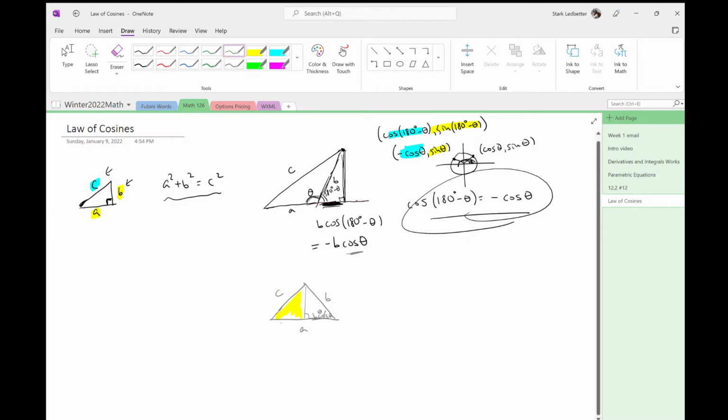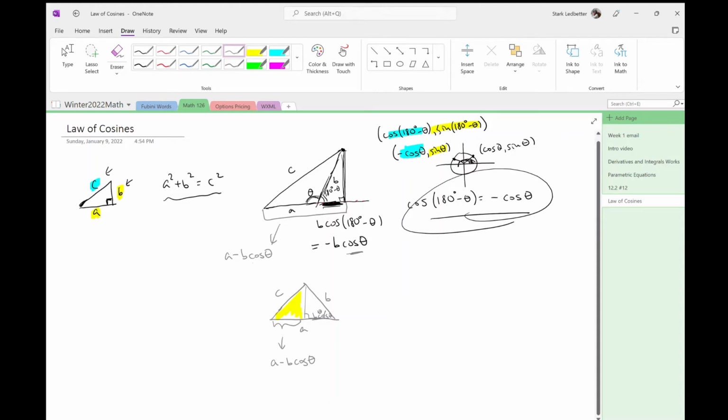So then this length would be A minus b cosine theta. Whereas here, if we have an obtuse triangle, that length is A plus negative b cosine theta, which in this case is positive. But you see how they work out to the same expression. That's also A minus b cosine theta. In this case that number is negative, so we're adding something to A. But it doesn't matter. The math works itself out. So you don't have to necessarily draw the right picture, which is kind of cool.